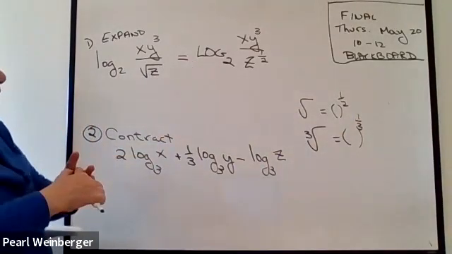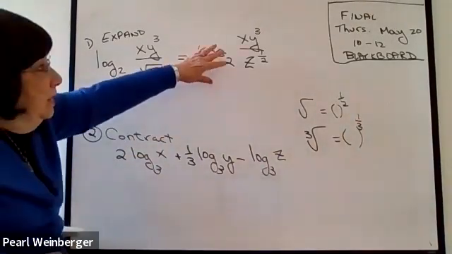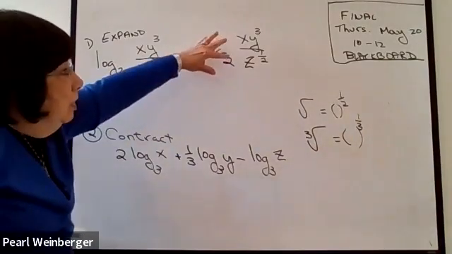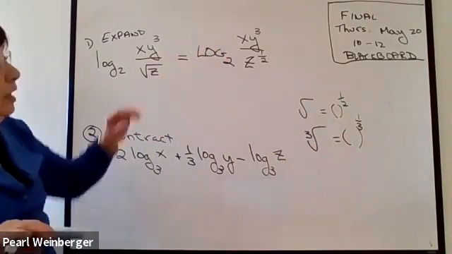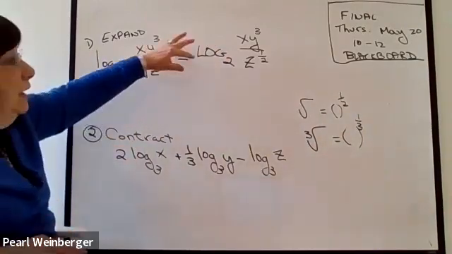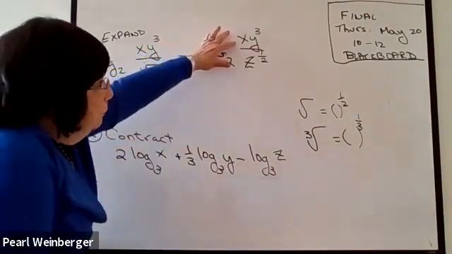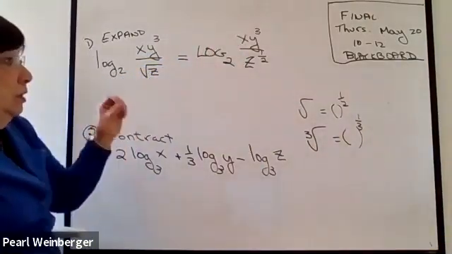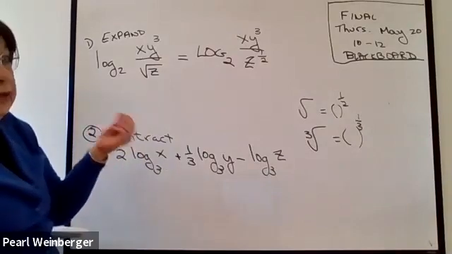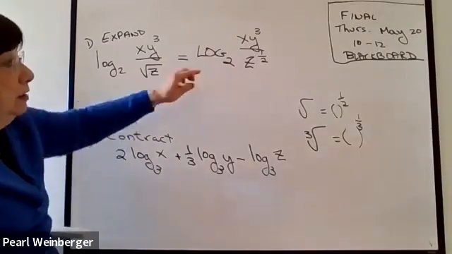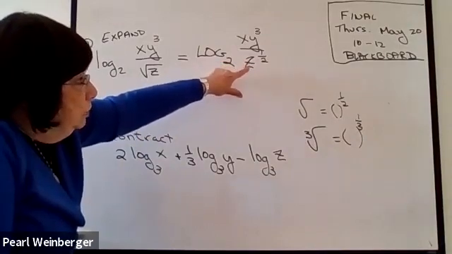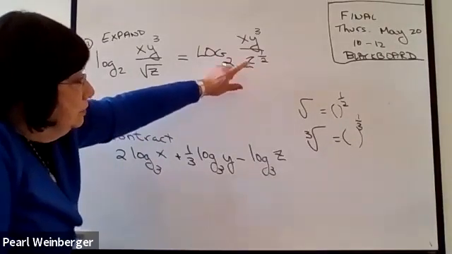Once we have that, we then look for any places that we have multiplication or division. I see that I have two things multiplied, the x and the y to the third. We know when we go to logs, it's going to be added. And we're dividing by the z to the 1/2, so we're going to have to subtract in logs.